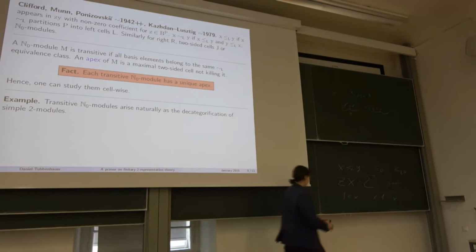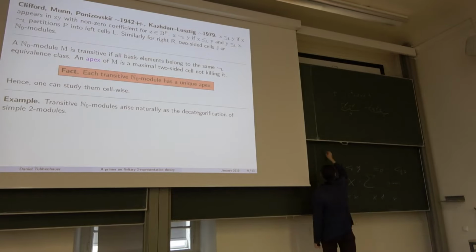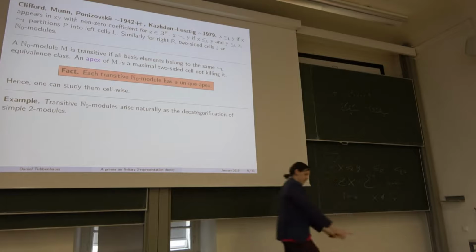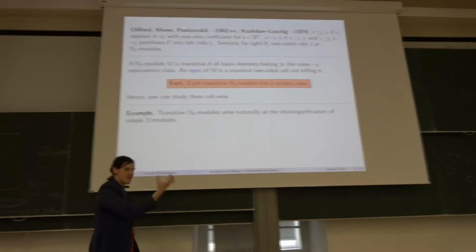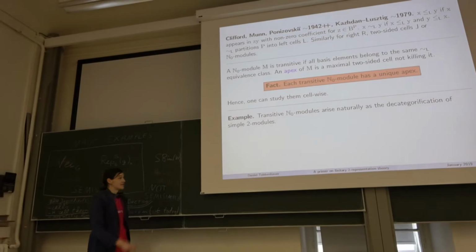So this gives rise to a decomposition of your basis into certain cells. Okay, this gives you a partitioning, and actually this also gives you an ordering on the cells. And for each such module, there will be a unique maximal cell not annihilating it. Everything below will annihilate it.